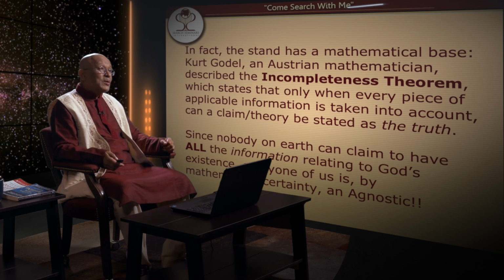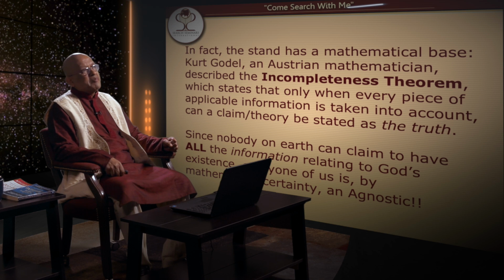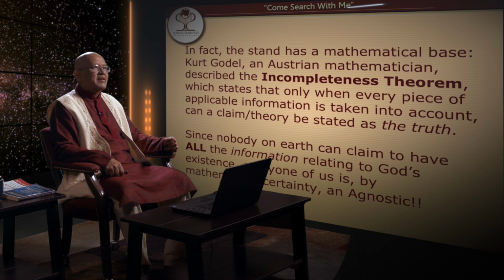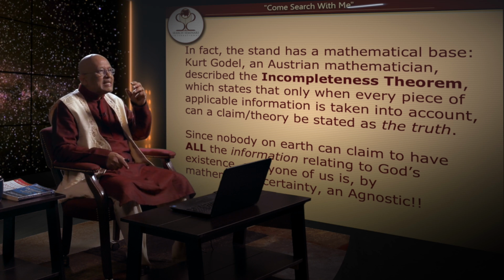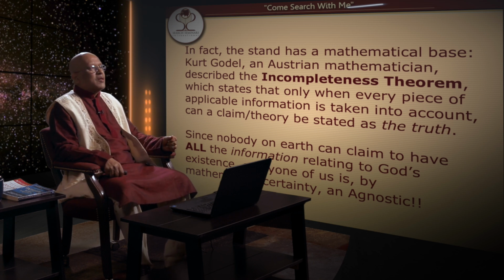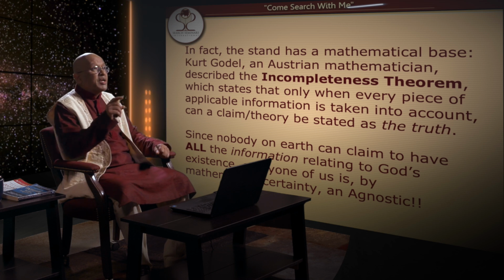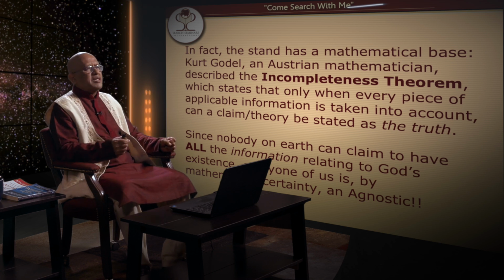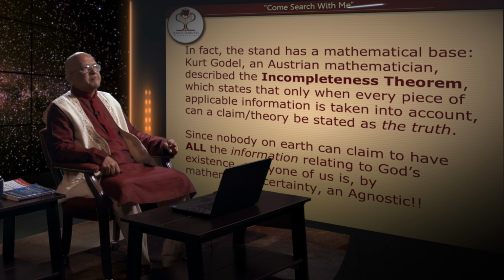And it also has a mathematical base. The Austrian mathematician Kurt Gödel described what he called the incompleteness theorem. The incompleteness theorem says that if you are ever going to call a theory the truth of the matter, then you should have in your hand every piece of applicable information that can be considered for that theory.